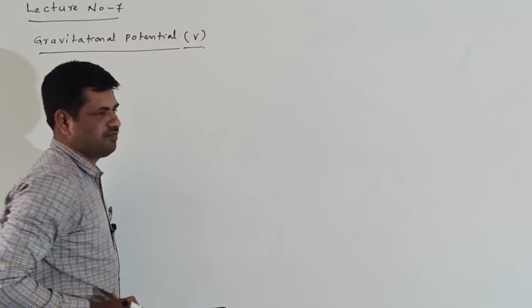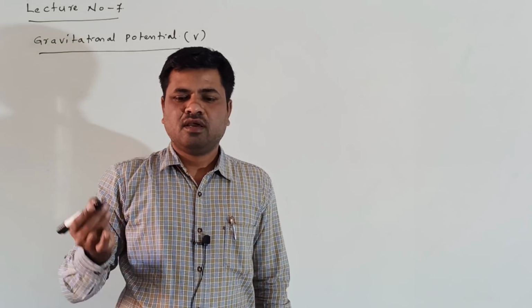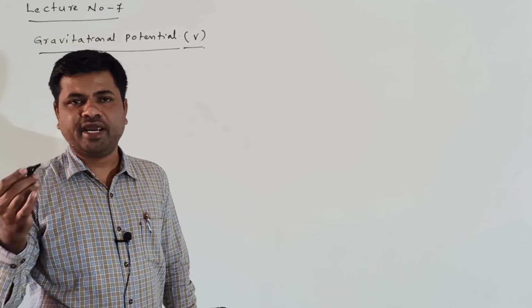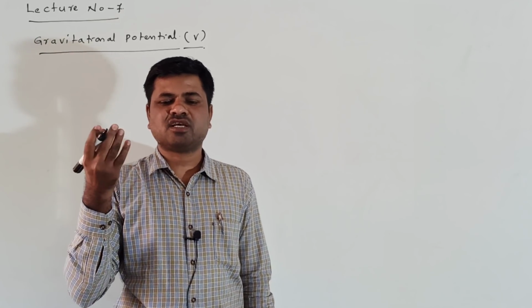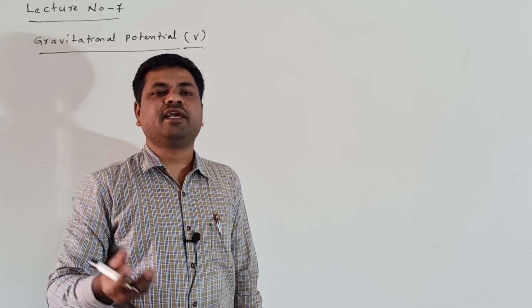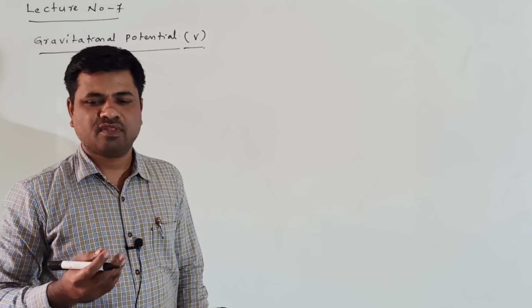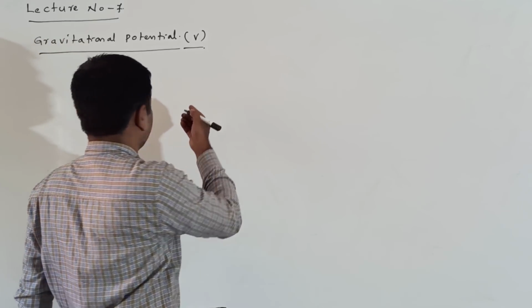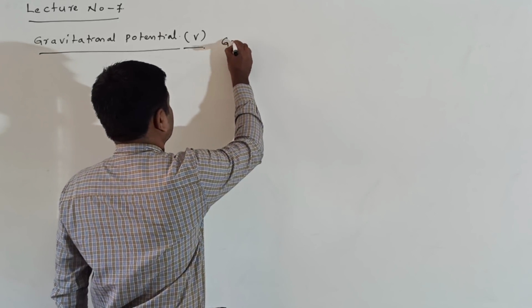It is denoted with V. What is the gravitational potential? Gravitational potential at a point in a gravitational field is defined in the same way as the gravitational potential energy.